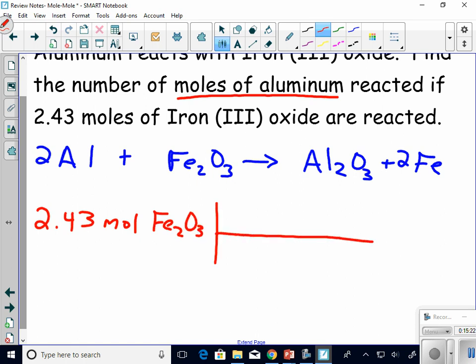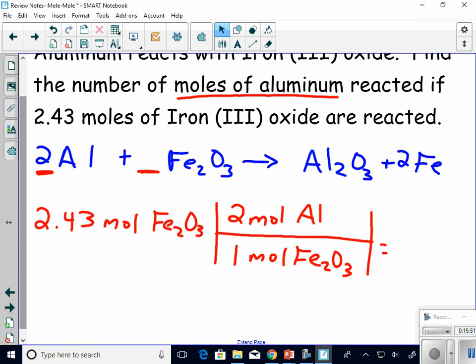I do my conversion box once again, and I can see that number of moles of aluminum. I can see that 1 mole of Fe2O3, there's where I got my 1, will give me 2 mole of aluminum.